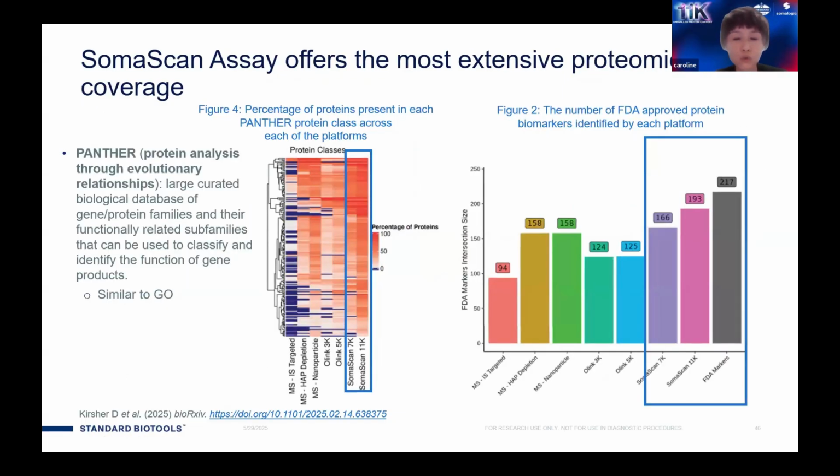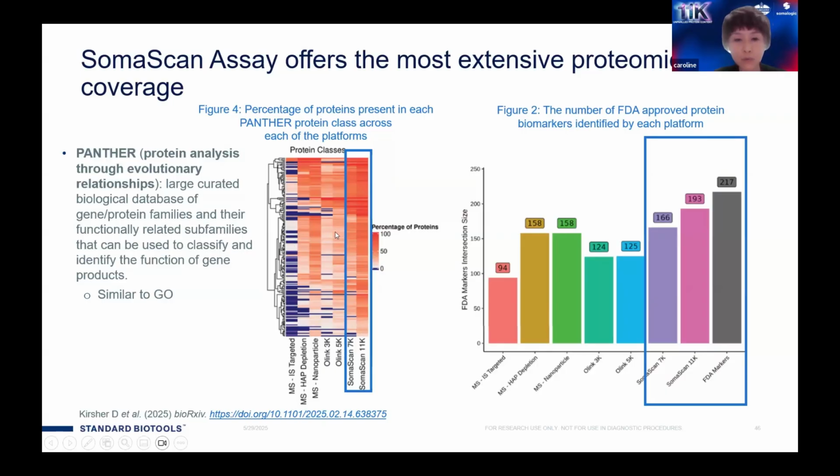They also looked at the protein classes detected across the different proteomic platforms, defined by the Panther classification system. Here is a heat map illustrating the different protein classes identified across the platforms. Again, the SomaScan 11K assay demonstrated that we are able to detect the highest number of protein classes defined by the Panther classification system.